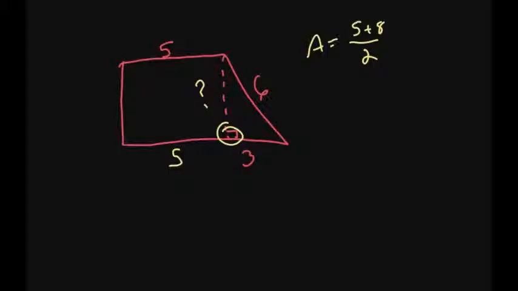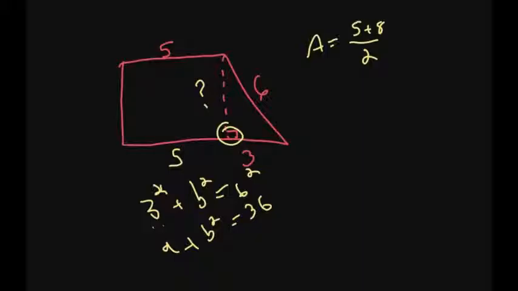Well, I know that's a right triangle. I know my 3 and 6. So let's put those numbers into the Pythagorean theorem. 3 squared plus b squared equals 6 squared. So that would be 9 plus b squared equals 36.